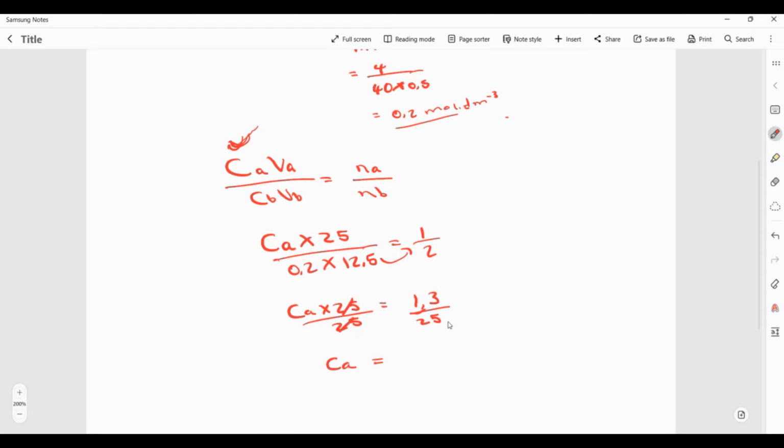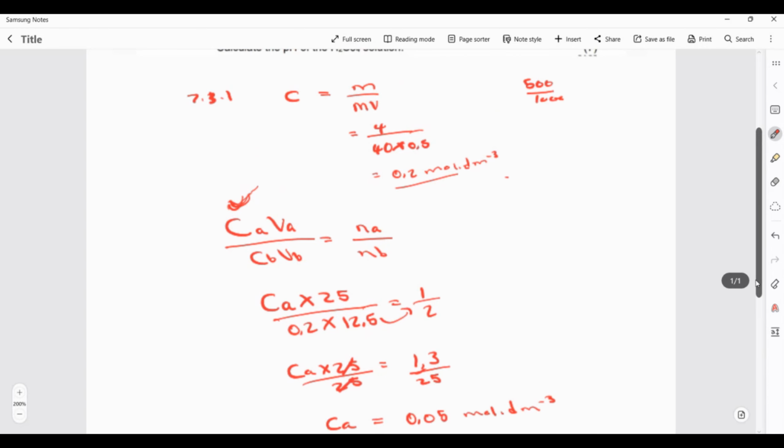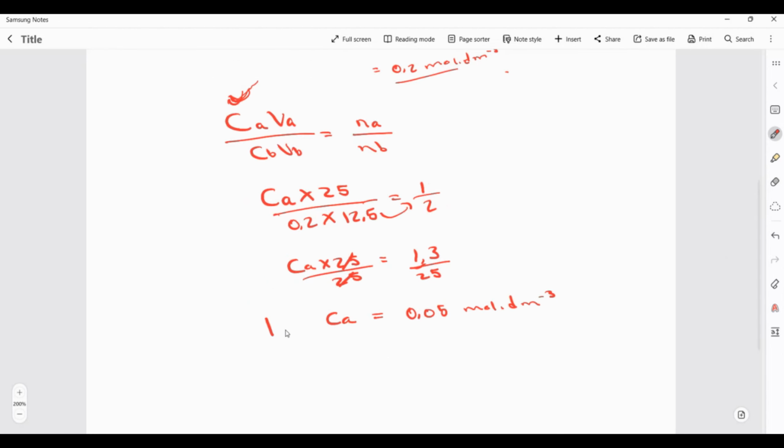What do we get? 0.05. 0.05 mole per cubic decimeters. This is the concentration of the acid, which is H2SO4 over there. I hope we are fine in that case.